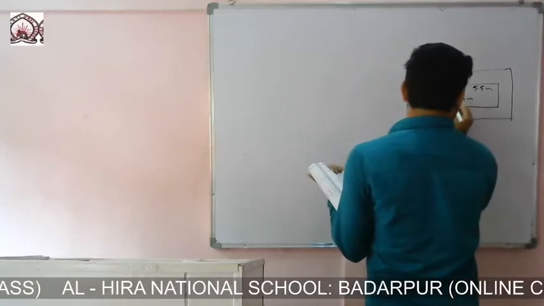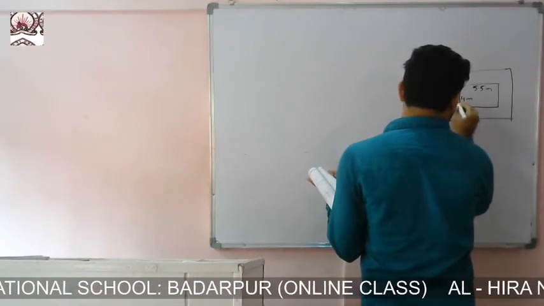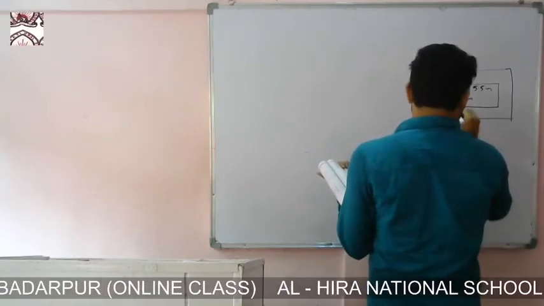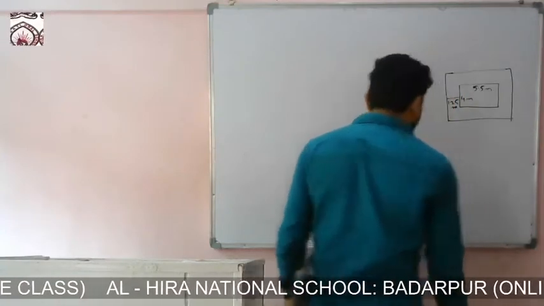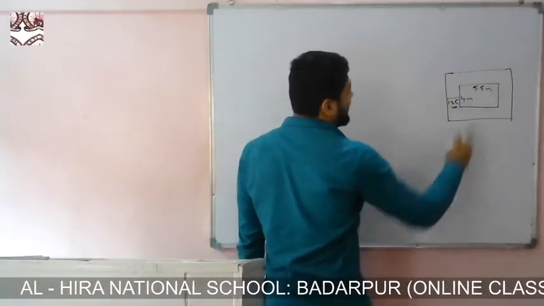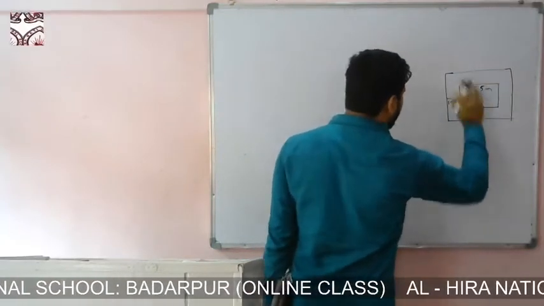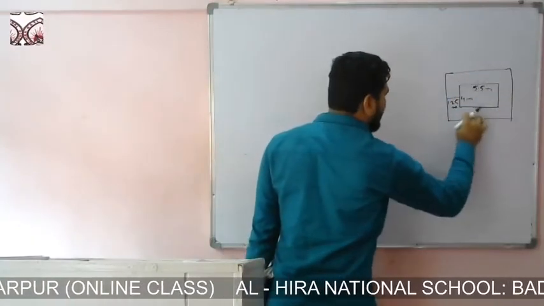And wide is what? This. That means wide is 1.25 meter. Now if I subtract the area of the room from this portion, then we'll get the area of the floor.